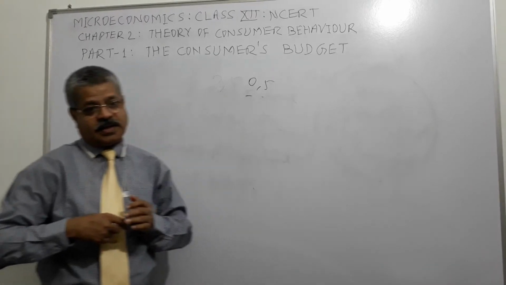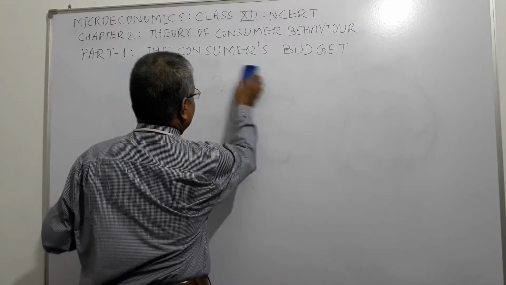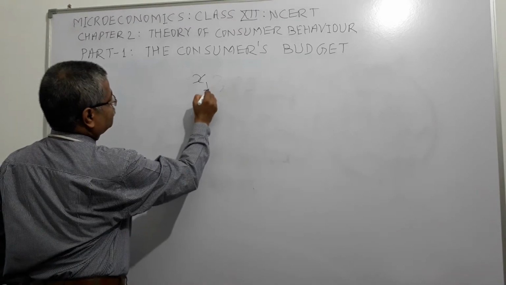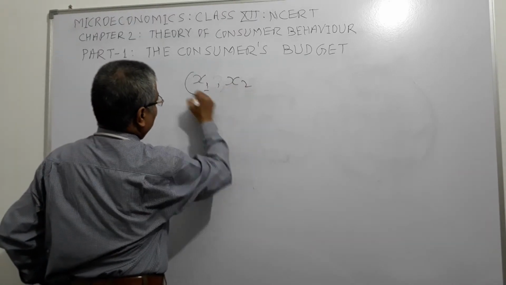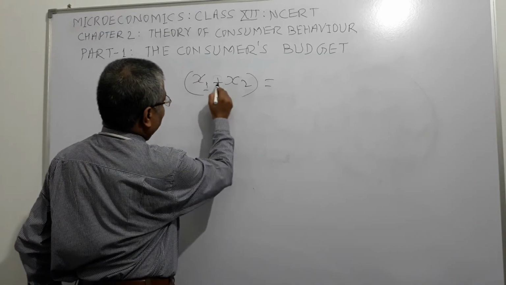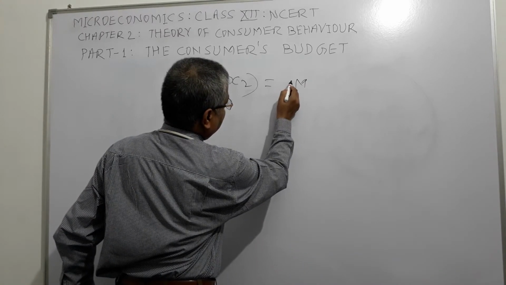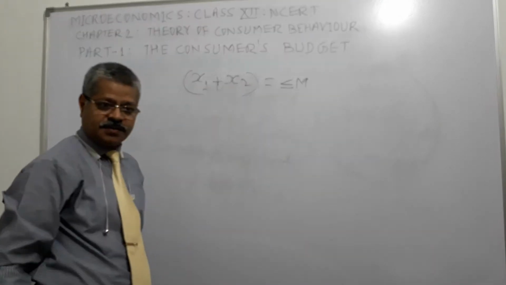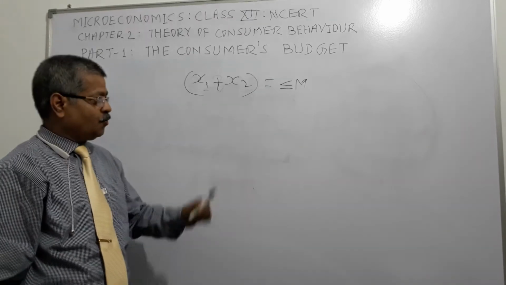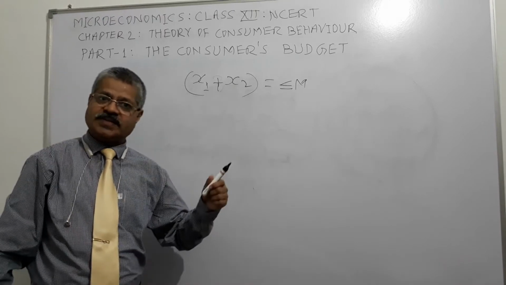Then what are the bundles I can choose? I can go for the selection of any bundle where the total price of those two goods is equal to or less than my income.